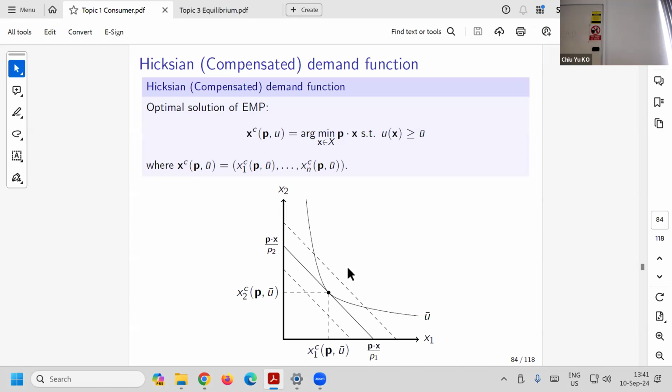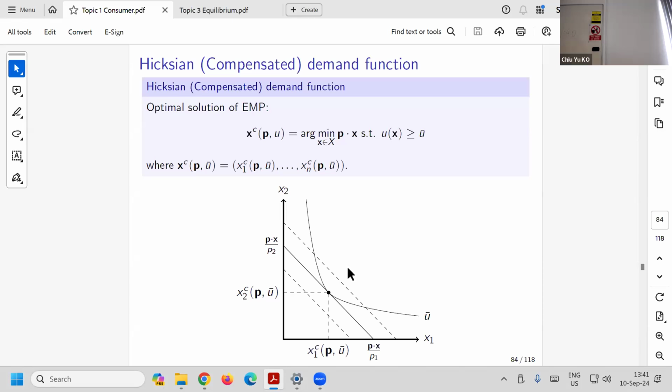And as we said, these two problems are the same. So there must be some connection between the Hicksian demand and the Marshallian demand, right? Because they are solving the same problem from two different perspectives. So the first order of business is how these two demand functions are related. How can we connect the Hicksian demand and the Marshallian demand?